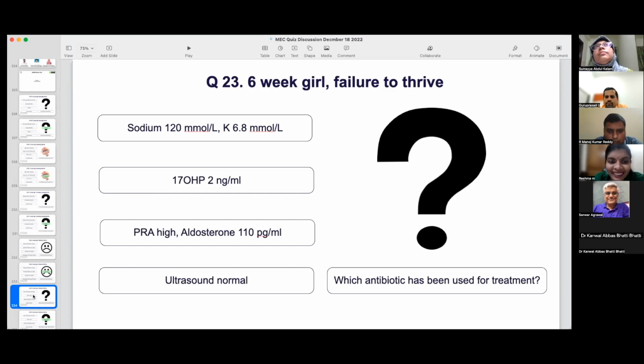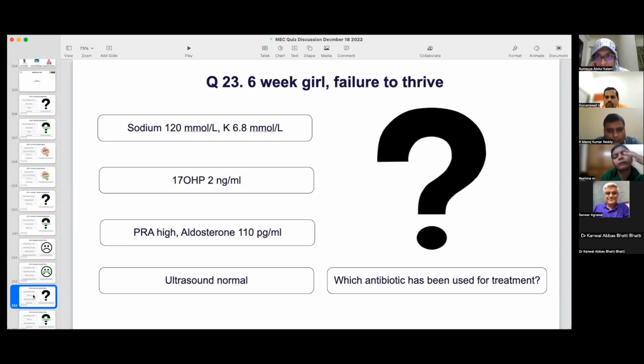So blind guess, sir. Aminoglycoside. No. We'll go forward then to Dr. Reddy. So it's a tough one, if you know that sort of a thing. Trimetrin. Trimetrin, no. Dr. Guru Prasad?